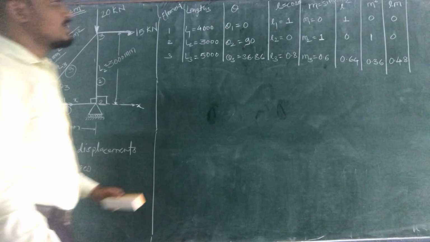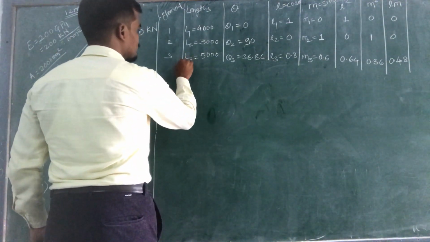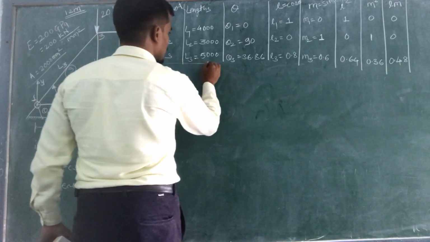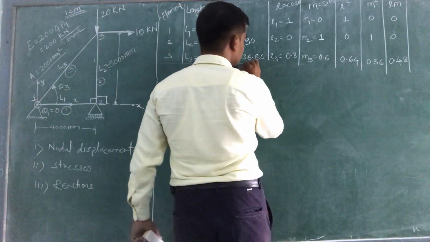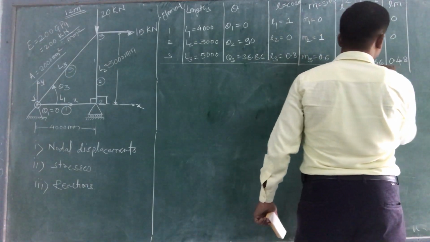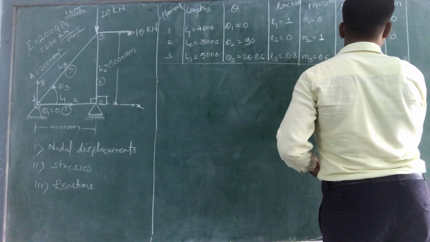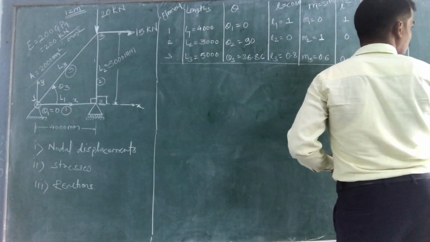So in this way, you will get this table. And this table is used to construct the elemental stiffness matrix for each element.